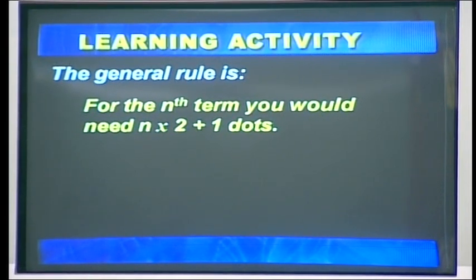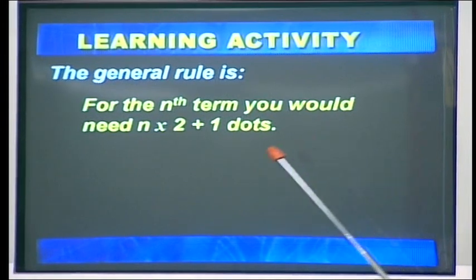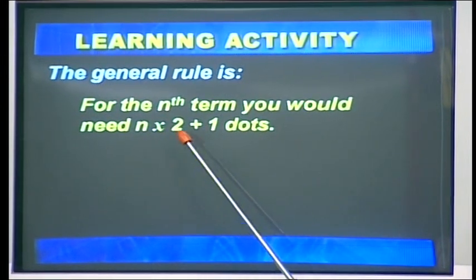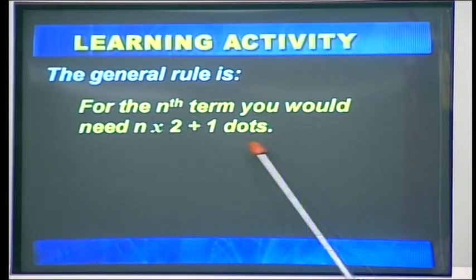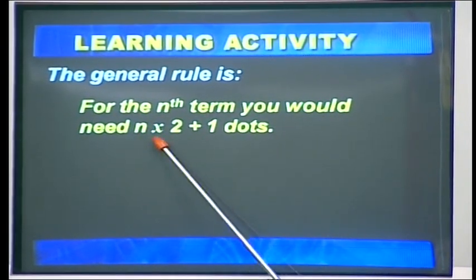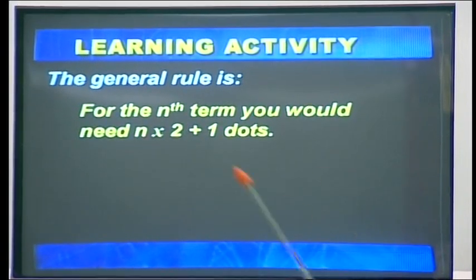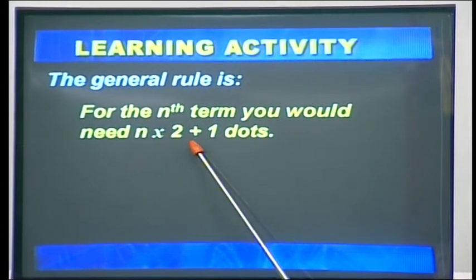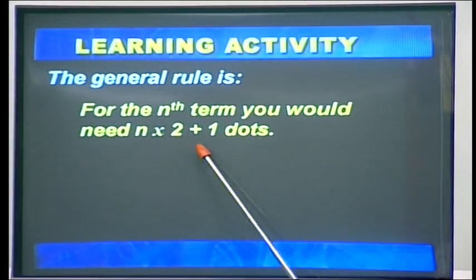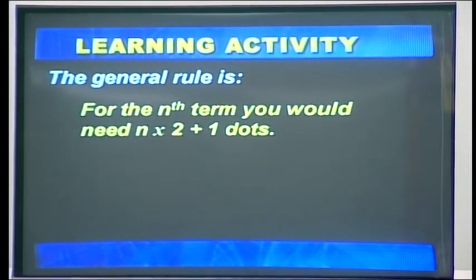For the n term, in an algebraic expression, you would need n times 2 plus 1, which is the dots. n is given as a pronumeral. Any term can be given. You just substitute into the letter n. Then you have your figures, the multiple of 2 plus 1, and then you come up with your diagram.